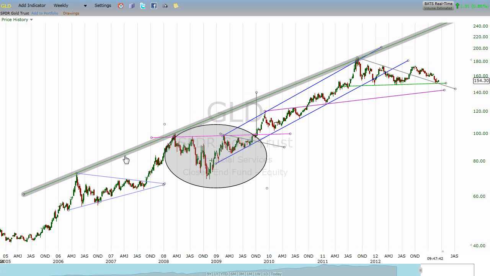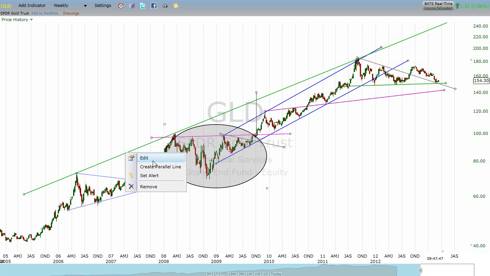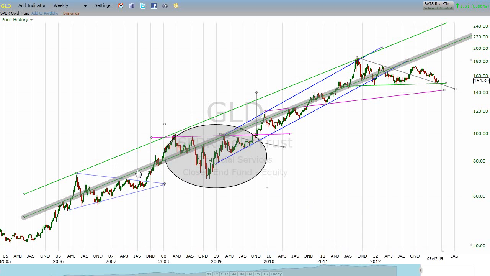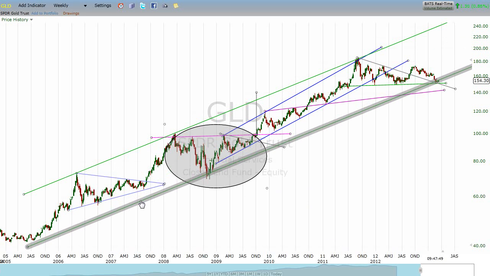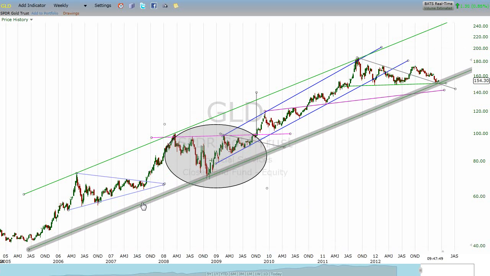Now let's do a little exercise here. I'm going to take this green line for the tops and create a parallel line, and then I'm going to move it, hold on just a second. I'm going to move it kind of under this low right here.